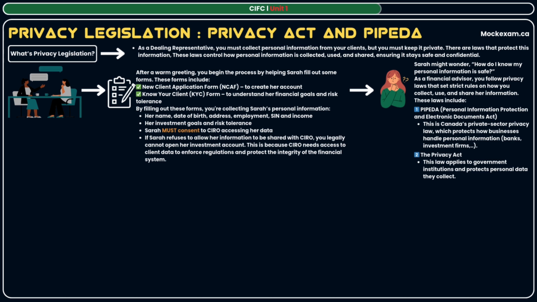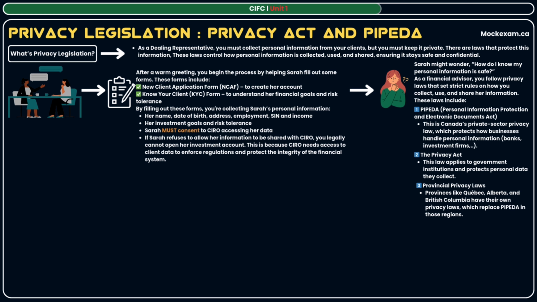Okay, and the third one is provincial privacy laws. Provinces like Quebec, Alberta, British Columbia have their own privacy laws, which replace PIPEDA in those regions. So PIPEDA does not apply to all provinces. Specifically, these three provinces, Quebec, Alberta, and British Columbia, have their own provincial privacy laws.